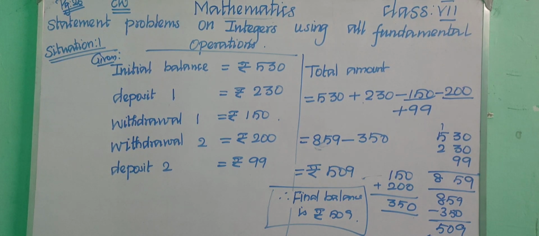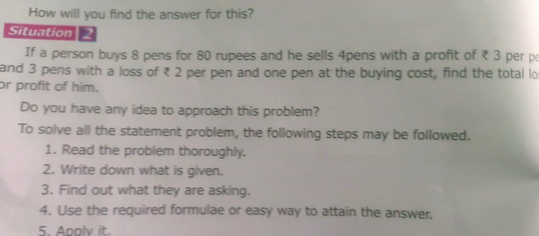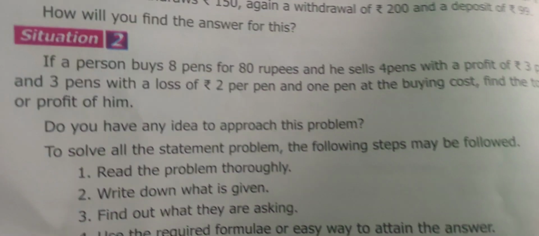Okay, children, so let us see situation 2. After completing this, write situation 2 on the same page. Write the question of situation 2 in your classwork notebook. Okay, let us read the question.